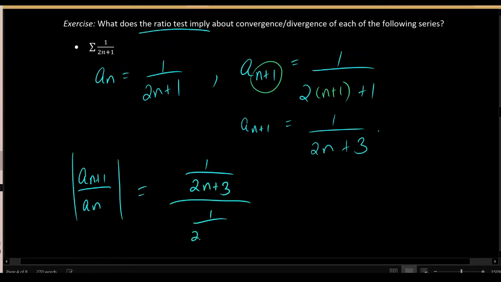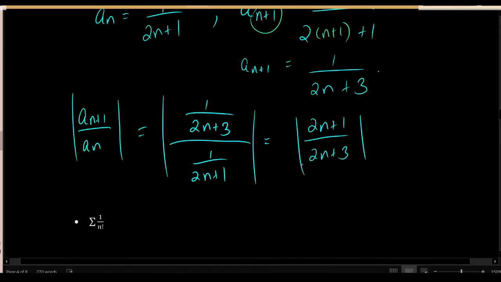A sub n is the fraction with plus 1 in the denominator, which simplifies to 2n plus 1 over 2n plus 3. Next, let's consider what would happen to this 2n plus 1 over 2n plus 3 as n approached infinity. Because this is a rational function of the variable n, it begins to approach the ratio of the leading terms 2n to 2n, which simplifies to the absolute value of 1, which is equal to 1.